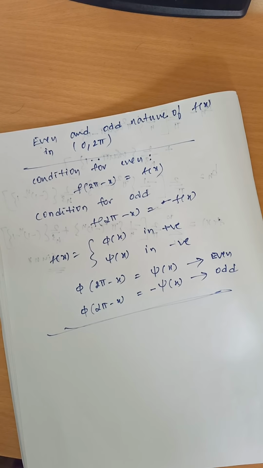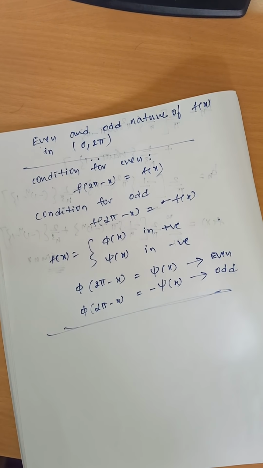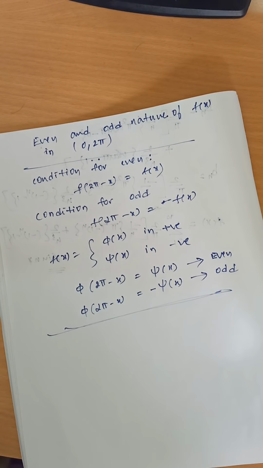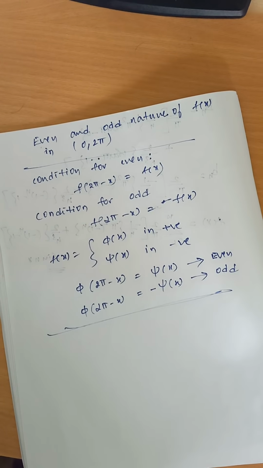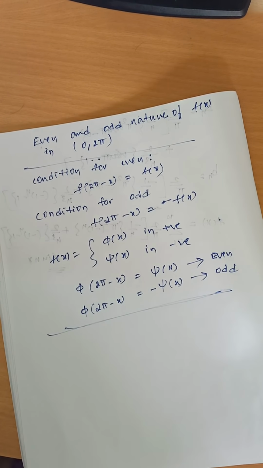First option, we find all a naught, an, bn by using Euler's formula to construct f of x. Another option is, for every problem, first we check whether the given function f of x is even or odd. If it is even, we find only a naught and an, bn is obviously 0. If the given function is odd, we find only bn and construct the Fourier series of the function f of x.